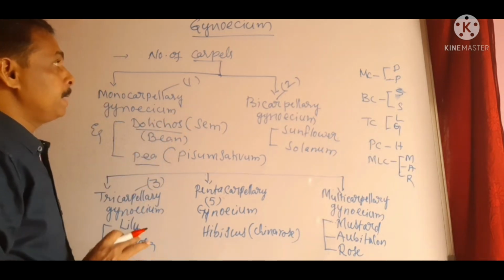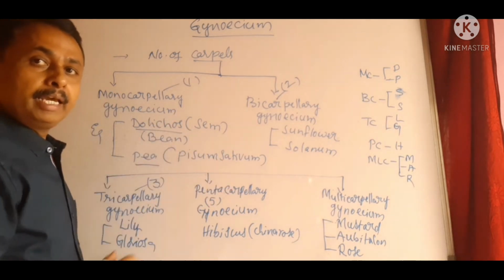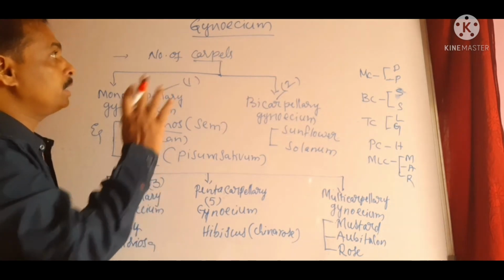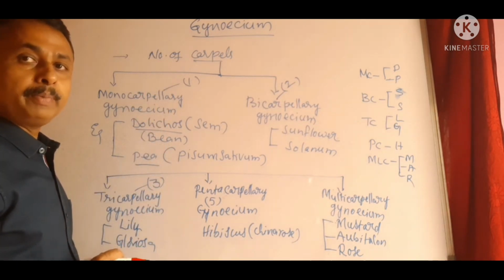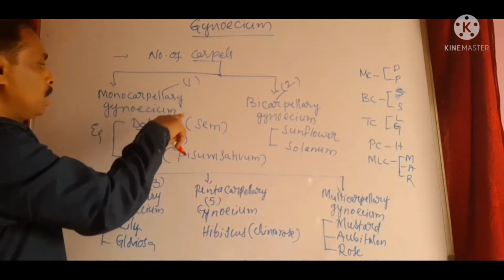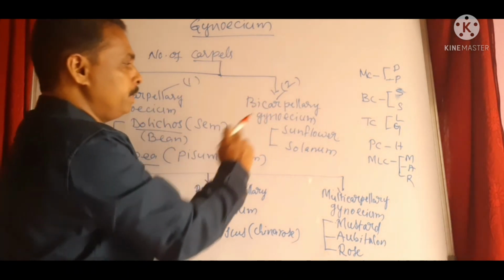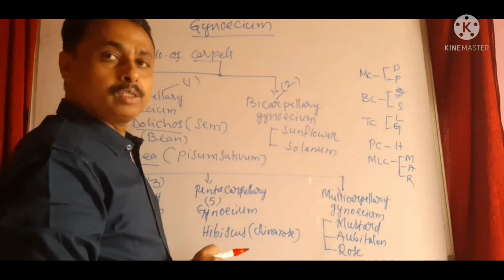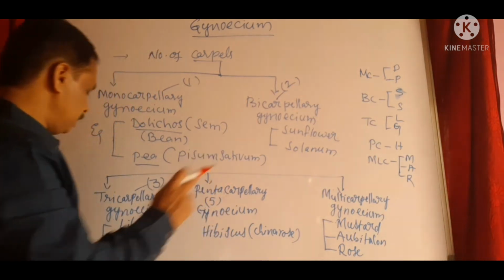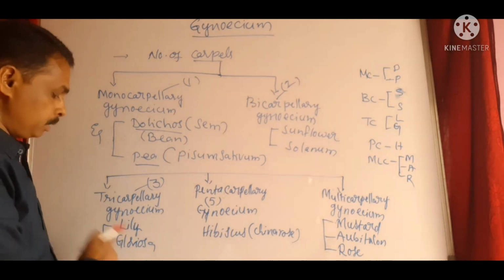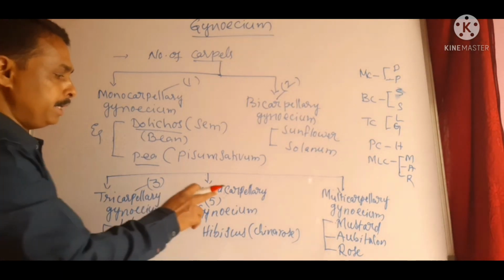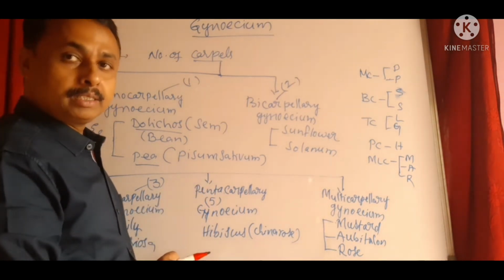So these are the different types with examples based on the number of carpels. Monocarpellary gynoecium: Dolichos or Pisum. Bicarpellary: sunflower and Solanum. Tricarpellary: lily and Gloriosa. Pentacarpellary: Hibiscus, China rose.